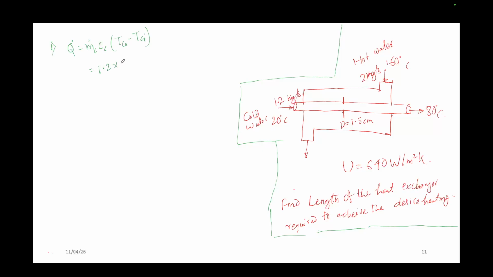What is CC? You can take 4200. And this one? So what is the value coming? 302.